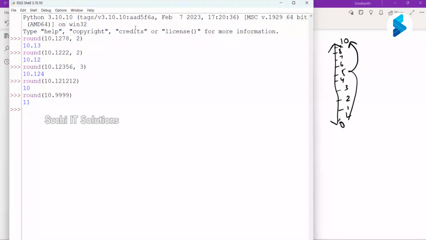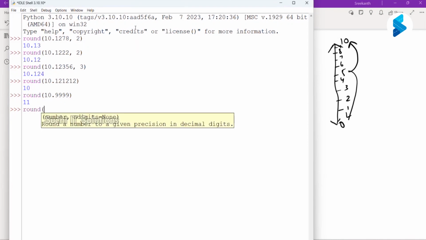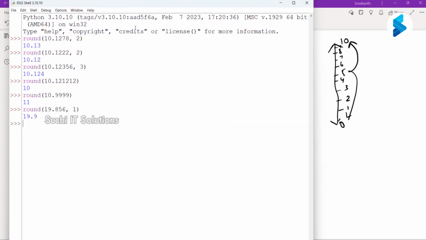I can specify as many decimals as I want. If I don't specify any decimals, it will not consider decimals and will always return an integer. If I specify decimals, I can specify 1 to any number of decimals.